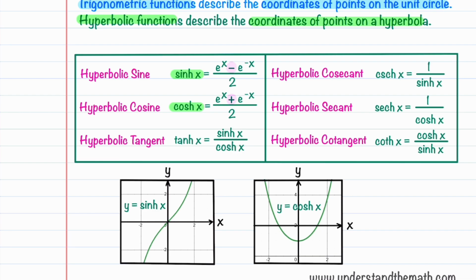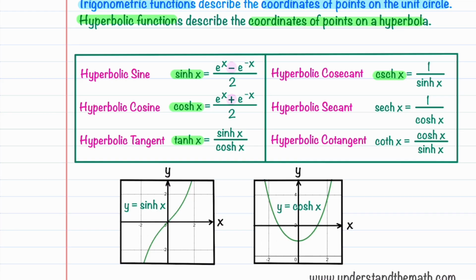The really nice thing about the other 4 hyperbolic functions is they can be defined just like trigonometric functions are defined. The hyperbolic tangent function is tanh x, and it's sinh x over cosh x. The hyperbolic cosecant function can be pronounced as cosech x, and it's just 1 over sinh x.